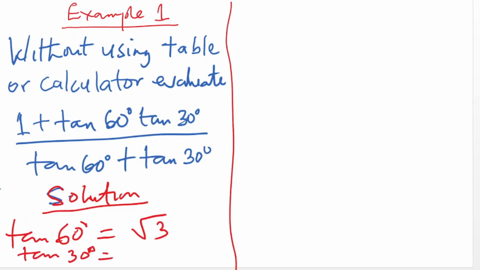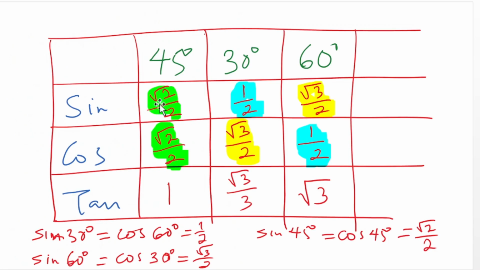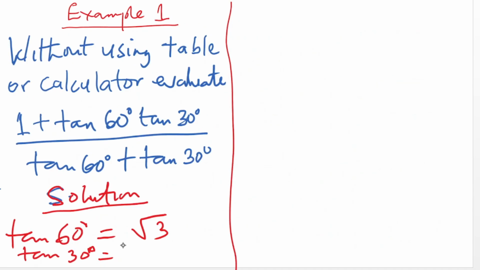So tan 30 degrees, you go to the table again. This is 30 degrees. Tan 30 degrees is root 3 over 3. So we can then put these values in the question.